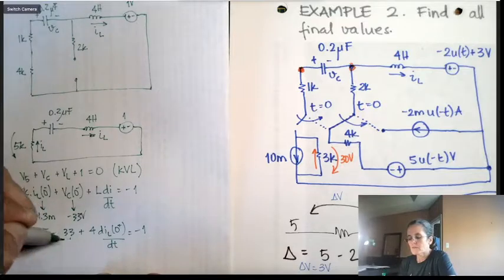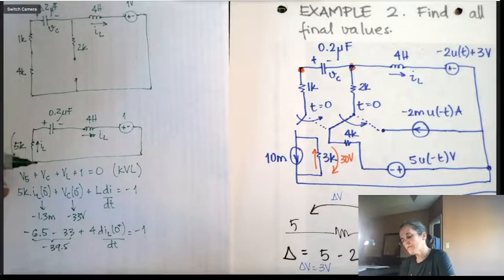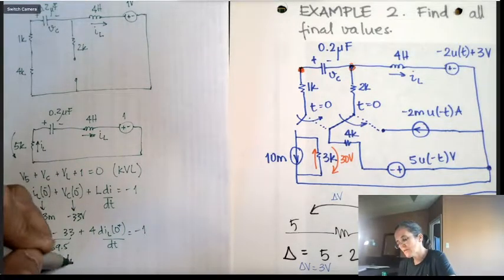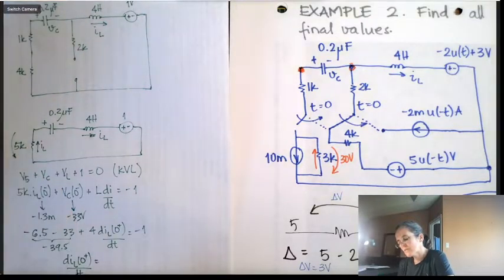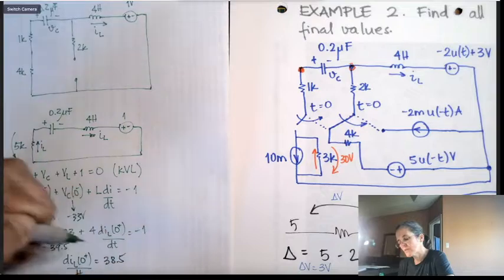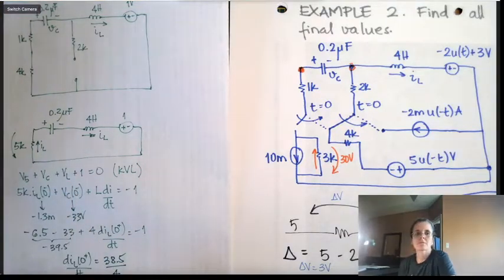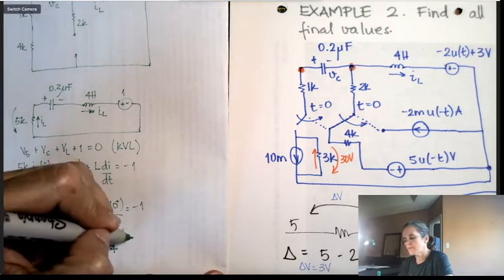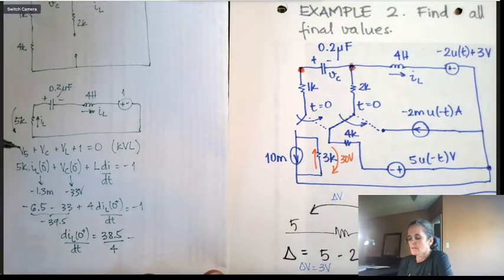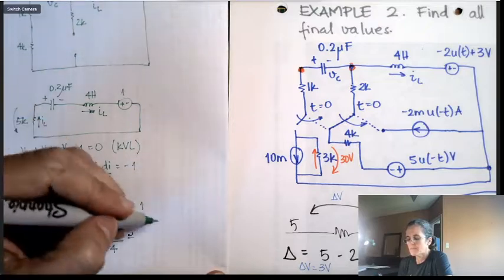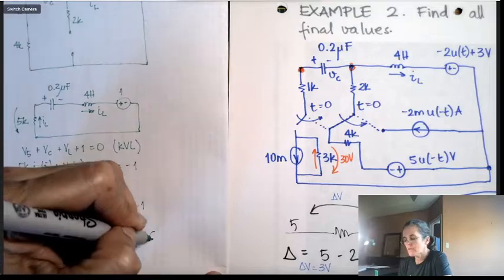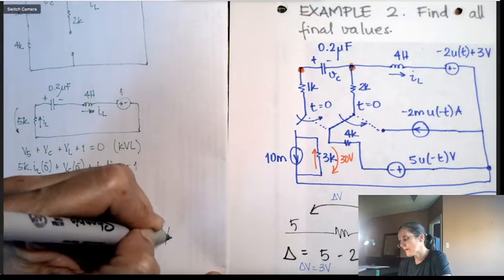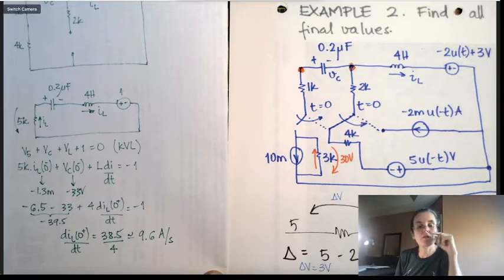So this is minus 39.5, goes to the other side, 39.5, 38.5. So diL at 0 plus dt equals 38.5 divided by 4, which is 9 point something. 2.5 times 4, yeah, it's like 9.6 amps per second. So this is the third initial condition.